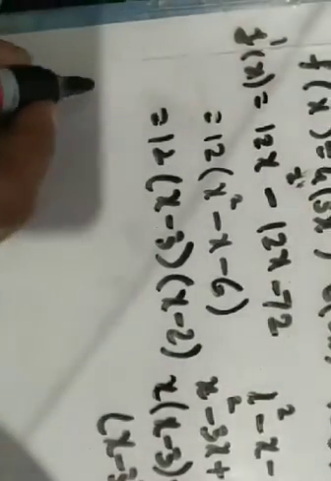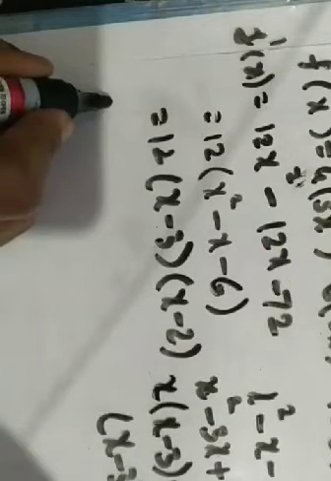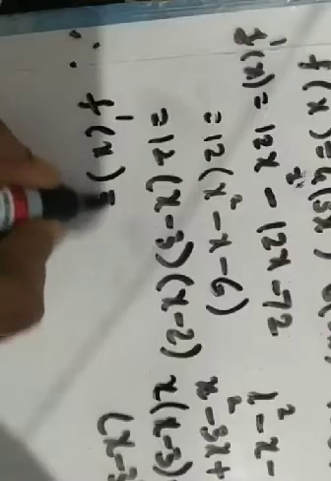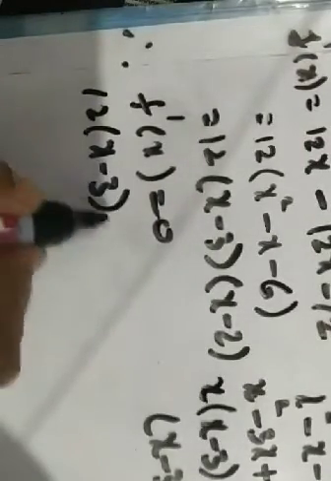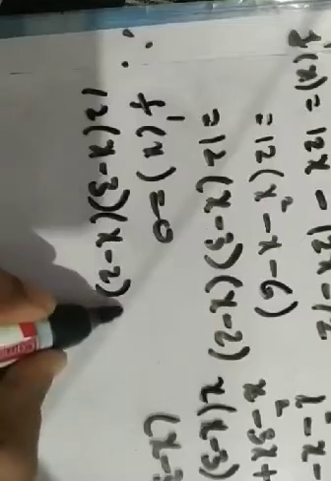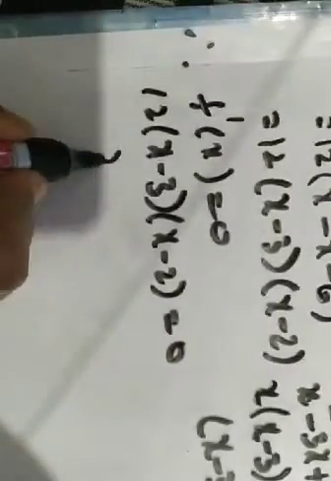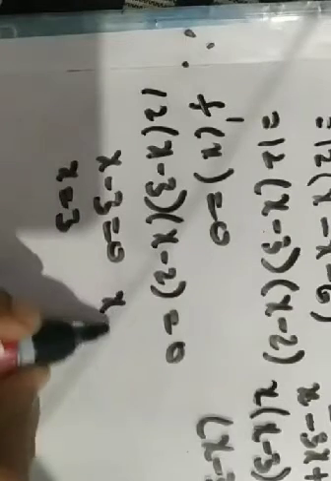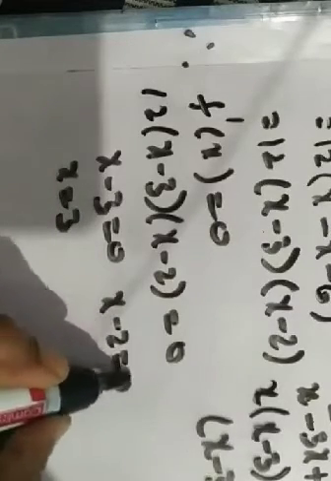So therefore f dash of x is equal to 0 if you consider 12 into x minus 3 into x plus 2 is equal to 0. So x minus 3 is equal to 0, x is equal to 3.